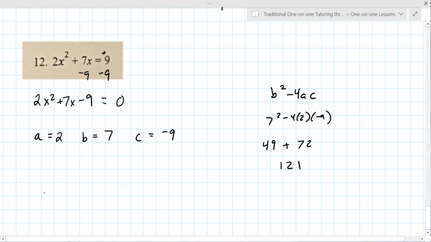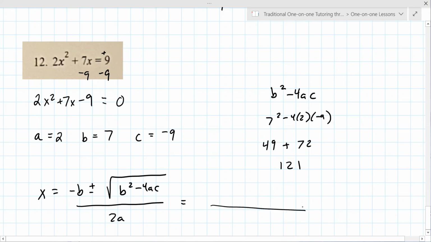Okay. So x equals opposite of b plus or minus the square root of b squared minus 4ac all over 2a. Your b is -7. Your a is 2.